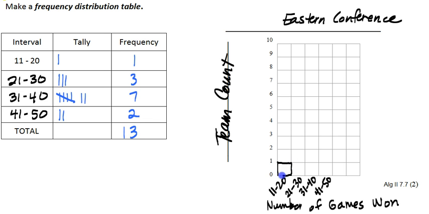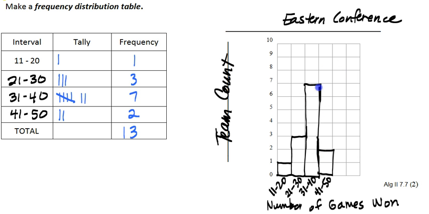This bar that goes up to 1 represents one team won between 11 and 20 games. 3 teams won between 21 and 30. 7 teams won between 31 and 40 games that season, and 2 teams won between 41 and 50 games that season. My bars are a little off, but there we go.